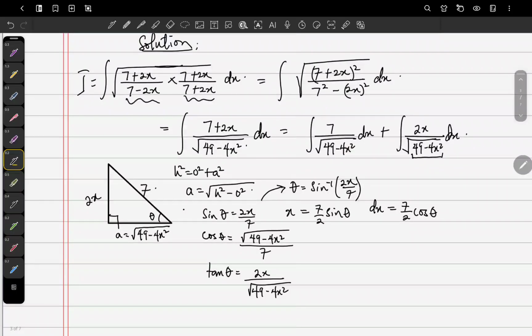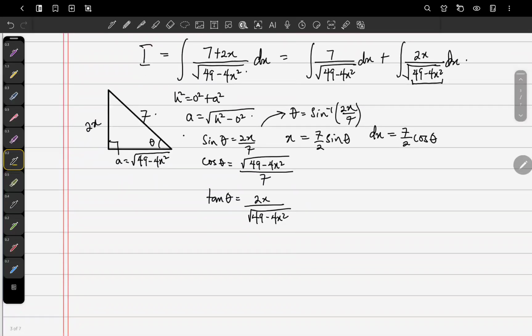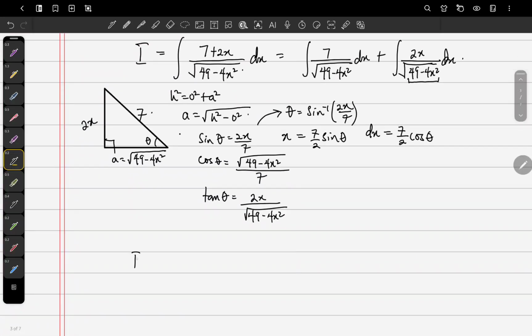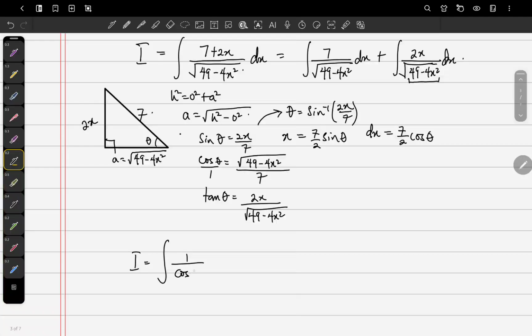With this, we can rewrite our integrand to be equal to the integration of 7 over the square root of 49 minus 4x squared, which is just 7 times the reciprocal of cos theta over 7, so that will be 1 over cos theta, times dx, and from here we can see that dx is equal to 7 over 2 cos theta d theta.